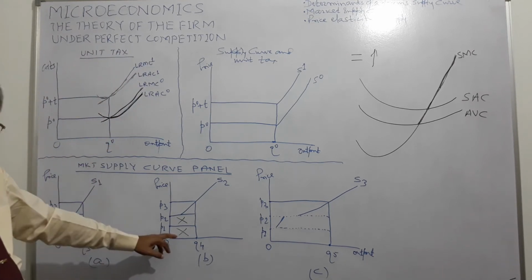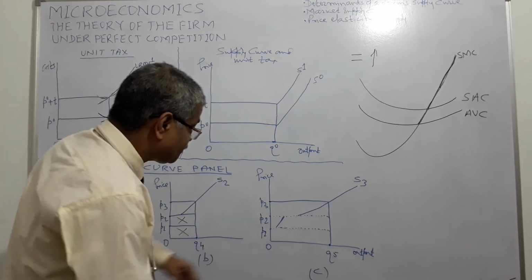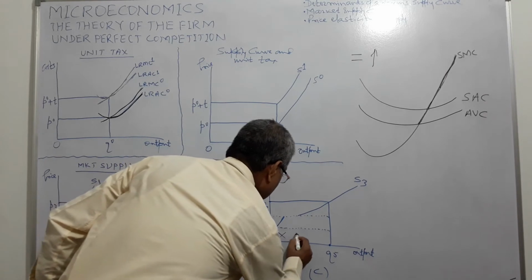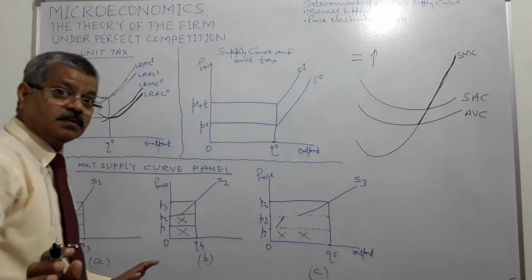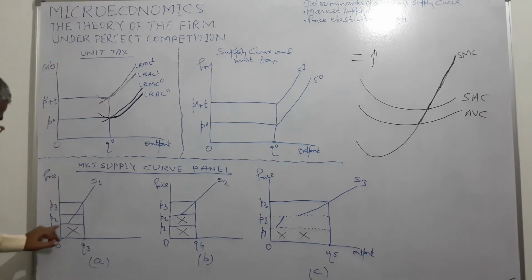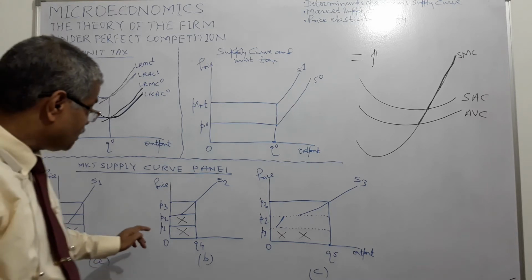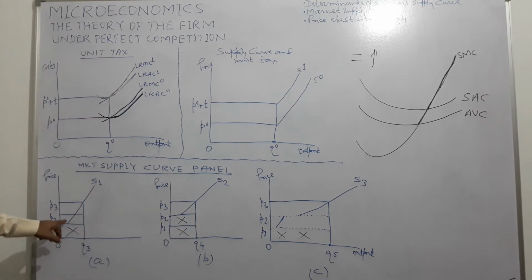Up to P1, neither of the units is willing to supply. Between P1 and P2, only unit 1 will supply.